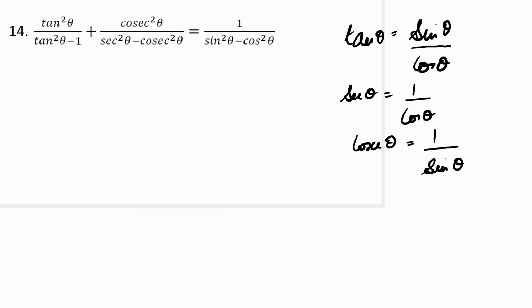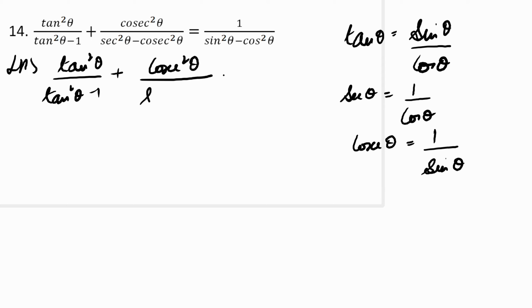The left hand side starts as tan square theta upon tan square theta minus 1 plus cosec square theta upon sec square theta minus cosec square theta.